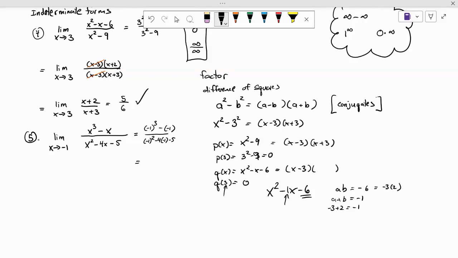So what's -1 cubed? And what's the negative of a -1? Double negative, positive. And then -1 squared, and then +4 minus 5.